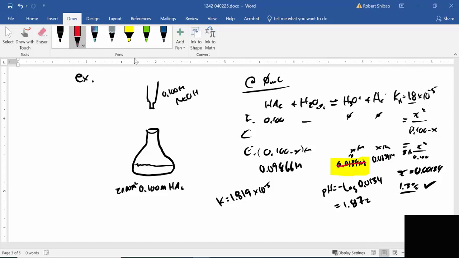And so this is 0.00134 molar. Actually, we don't want units there.